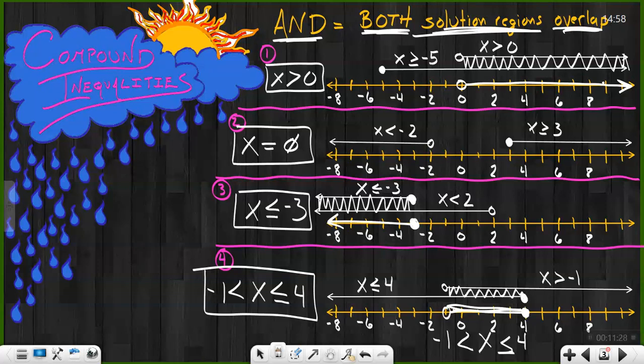So once again, all ands can always be simplified down to just writing one inequality if both inequalities are going in the same direction, as we see here in the first one.